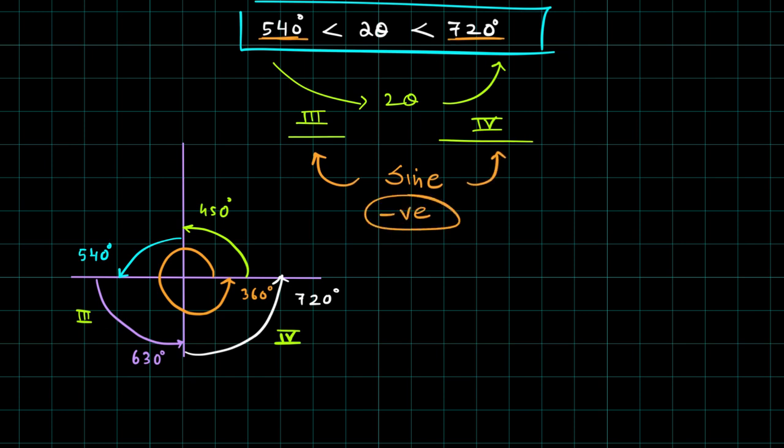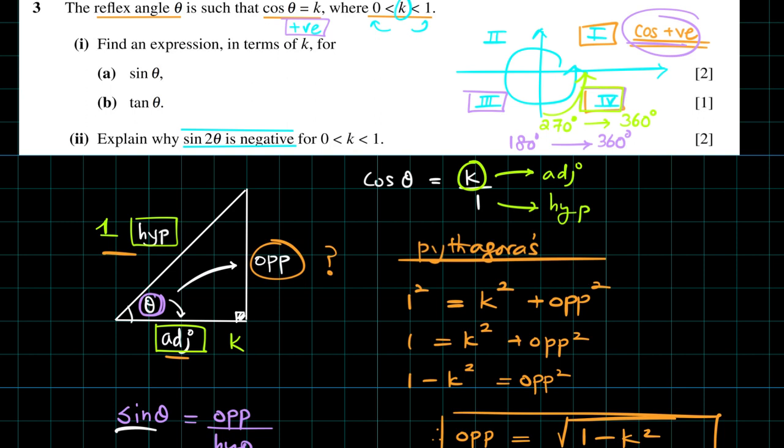That answers this question, that sine of 2 theta will be negative. Why? Because the angle 2 theta lies between 540 and 720, which is from third all the way till fourth quadrant. So that's how a question related with the basic concept of trigonometry is done and dusted.